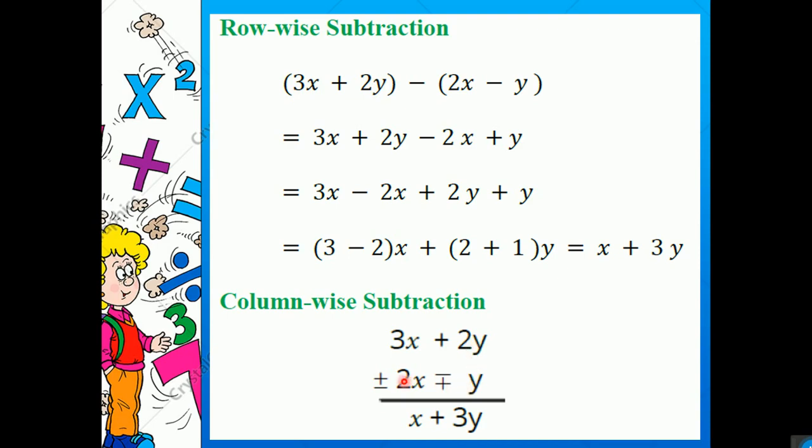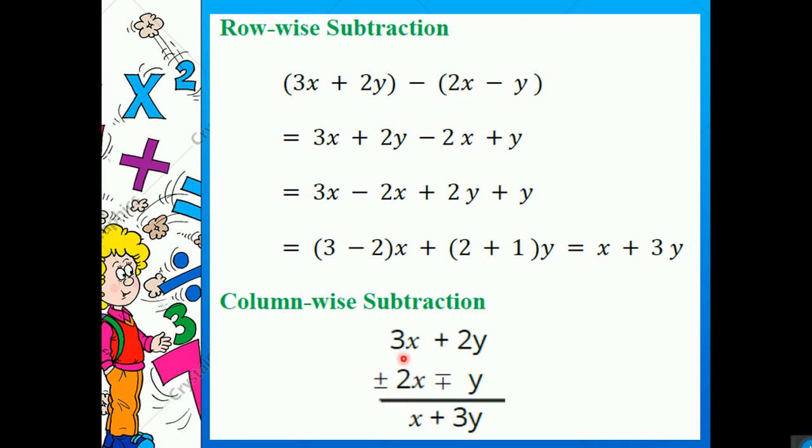We want to subtract this second algebraic expression, so we have to change the signs of second algebraic expression. The sign of this plus 2x is plus, so we will change into minus, and minus y change into plus y.